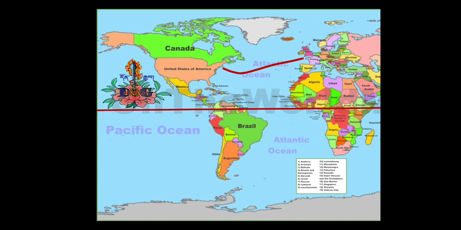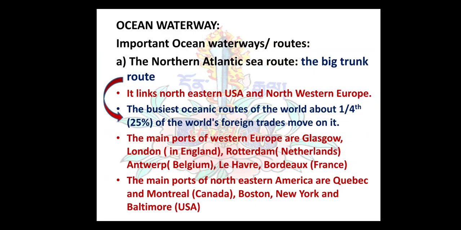By looking at the map, we can clearly understand that this waterway connects rich Western European countries with the northeastern part of the USA and some part of Canada. So this is the route map of the North Atlantic Sea route.